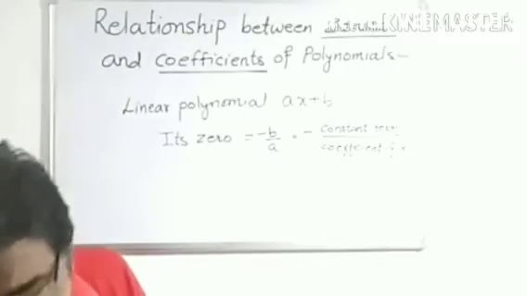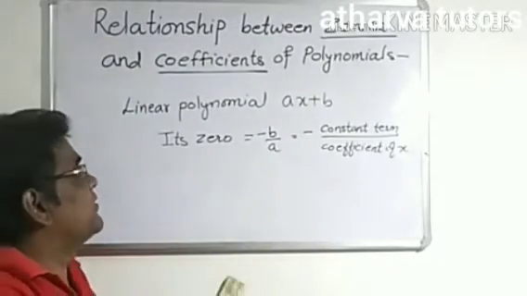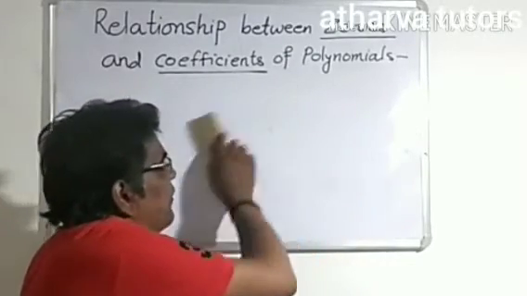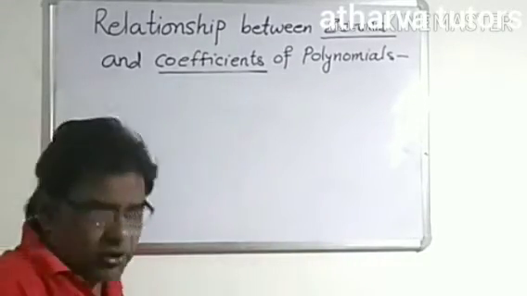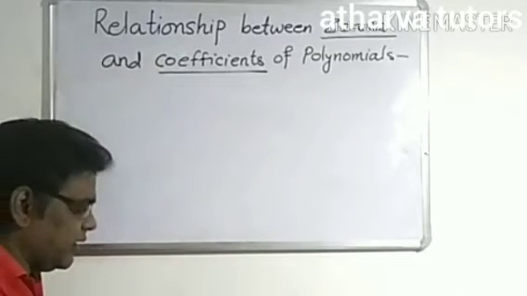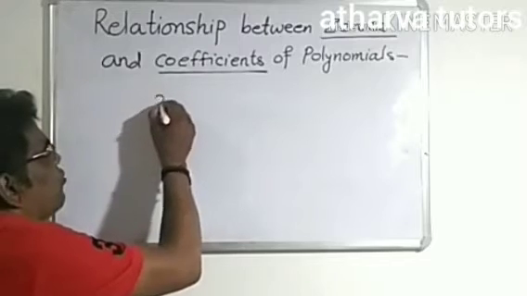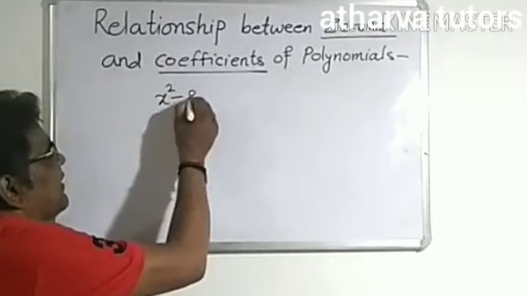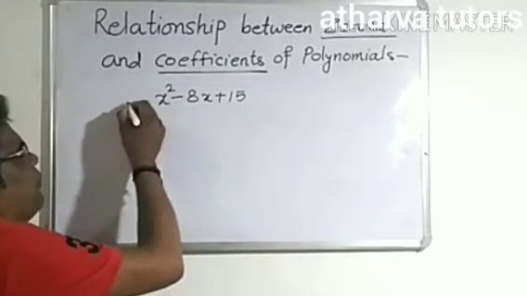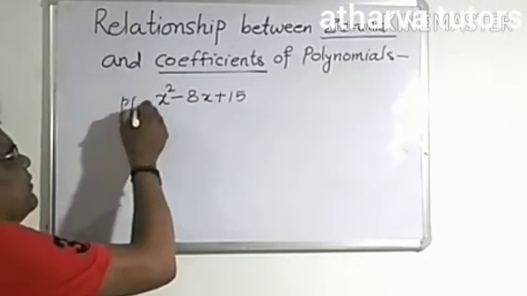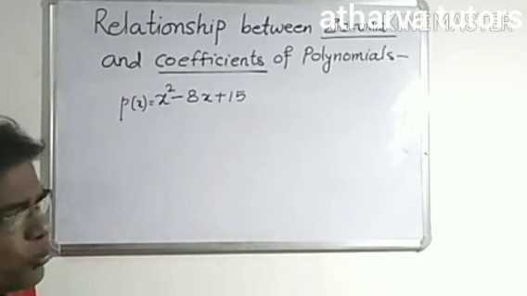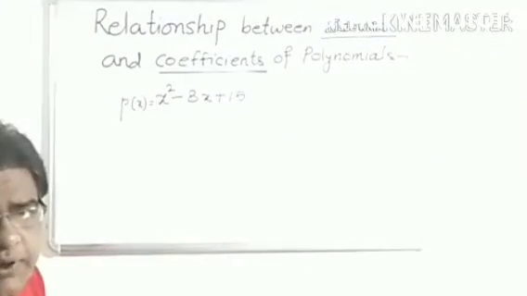Now let us take one quadratic polynomial and try to factorize it. Suppose the polynomial which I am taking is x square minus 8x plus 15. Now we have to factorize this polynomial. The method that we are going to adopt is splitting the middle term.